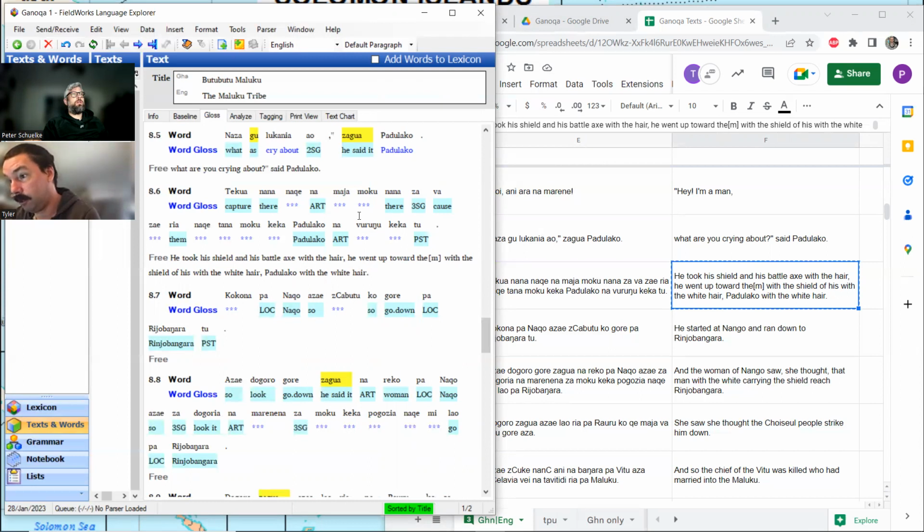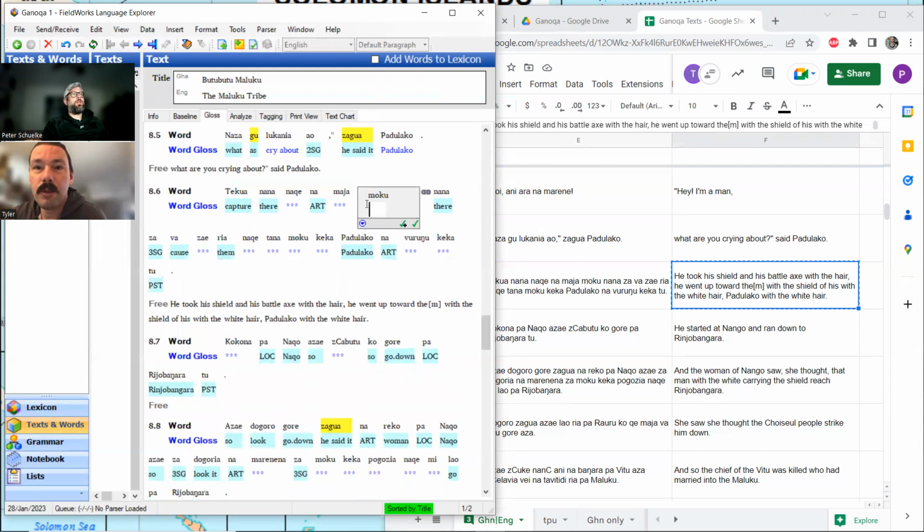This is page 18. I'm just going to check that real quick. With the shield, let's get the rest of that sentence in English though. Went up toward them with the shield of his, with the white hair. Pandulako, with the white hair. So we get hair and white hair in here a couple times. The first time you get hair by itself, and then you get white hair twice. Wonderful.